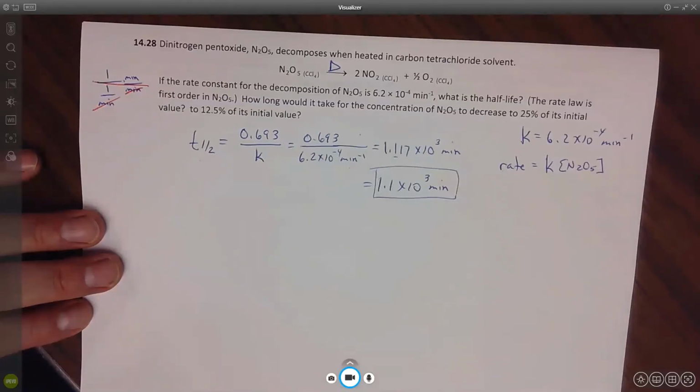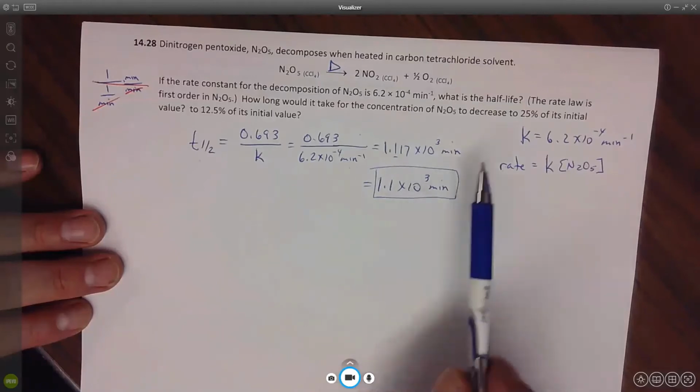Could we just take the half-life of the value we just got? Well, okay, what does that mean? What happened after 1.1 times 10 to the 3 minutes? How much do I have left after that? You only have half of its initial value. What percentage is that? 50%.